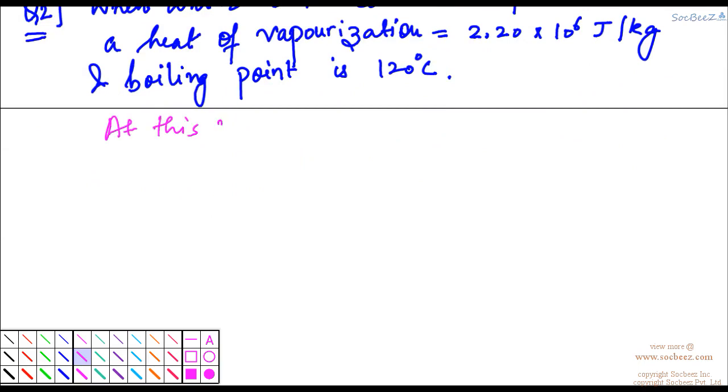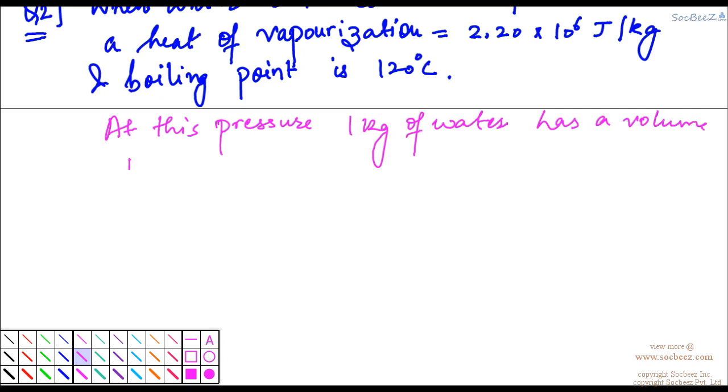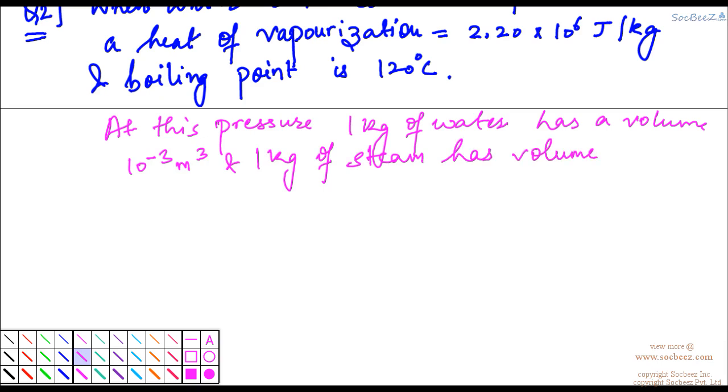At this pressure, 1 kg of water has a volume of 10 raised to power minus 3 meter cube, and 1 kg of steam has volume equal to 0.824 meter cube.